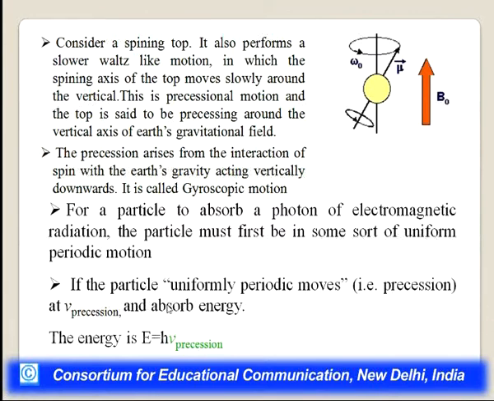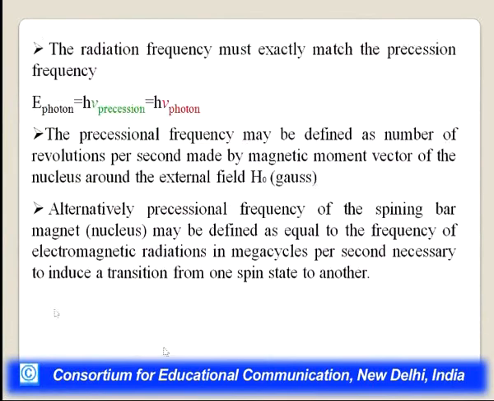If the particle moves uniformly periodically, that is precesses at this frequency, and absorbs energy, the energy for that particle will be E equal to h nu, and this nu is what? Nothing but the precessional frequency. The radiation frequency must exactly match the precession frequency.